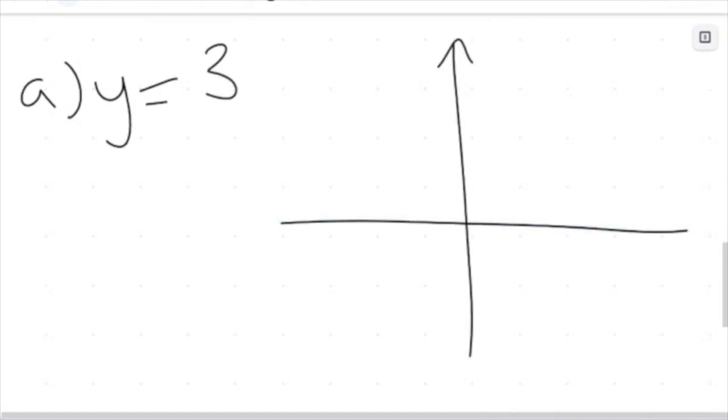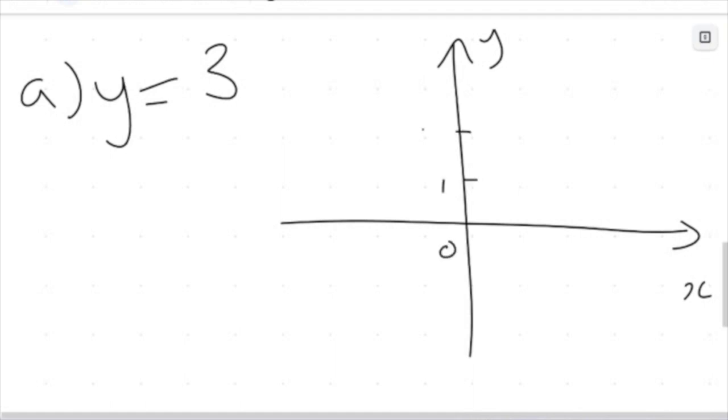So, 2 questions. I want to sketch the graph of y equals 3. And we can do that really quickly, guys. We have our y, we have our x-axis. I want to find, well, where is y equals 3?